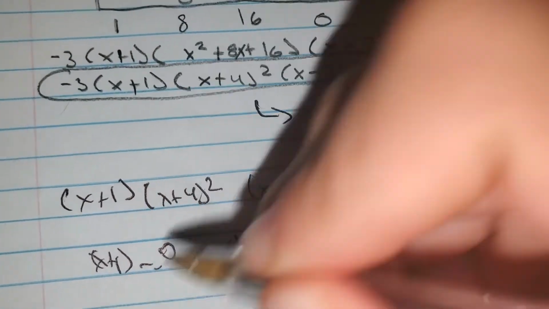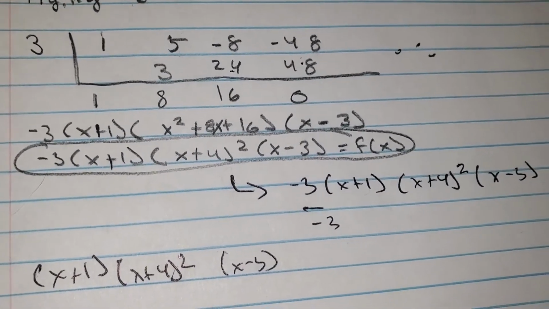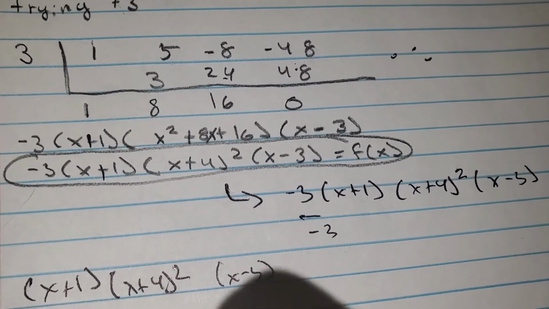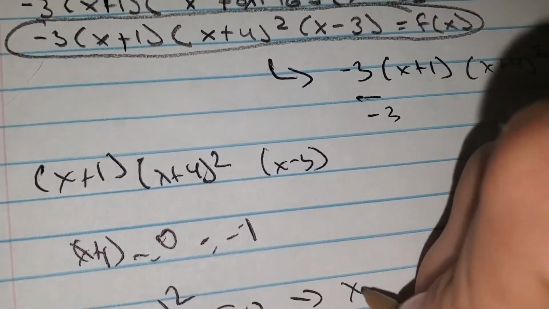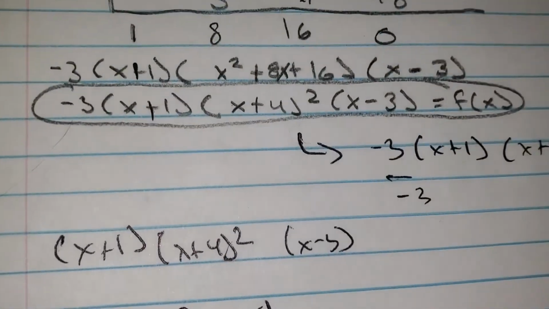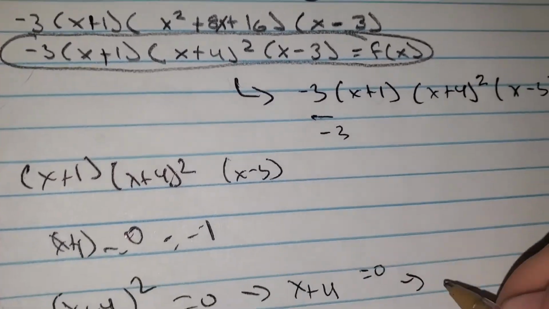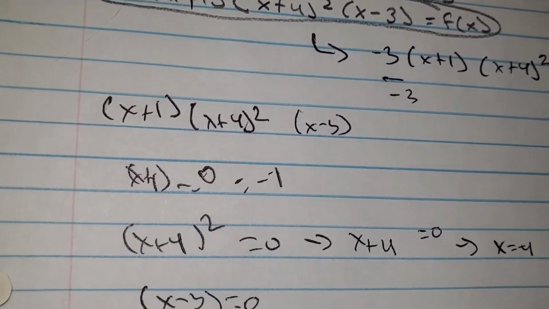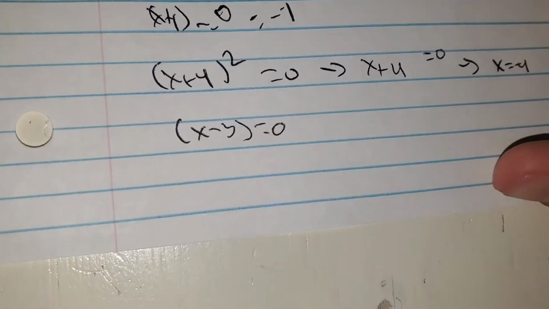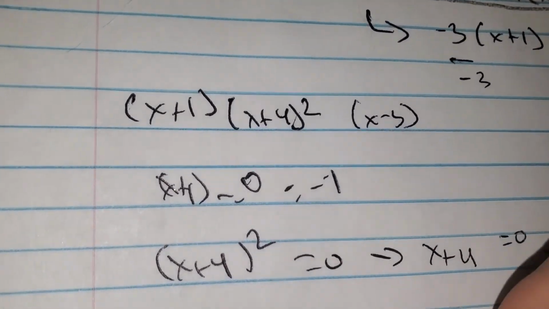x plus 4 squared is equal to 0, and x minus 3 is equal to 0. Taking the square root of both sides, we get x plus 4 equals 0, leaving us with x equals -4. And last but not least, x minus 3 equals 0, we add 3 to both sides, and x is equal to 3.